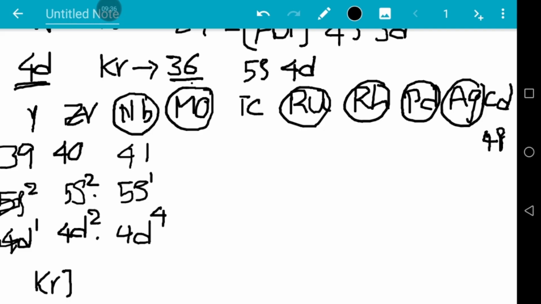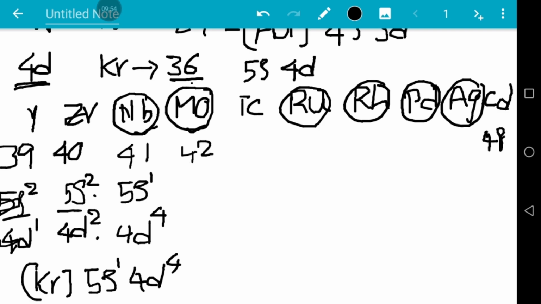All the remaining elements get 5s2 only, but the exceptional ones have 5s1 configuration. Next, molybdenum is 42. Here we keep 5s1, and the remaining 5 electrons also in 4d, so 4d5.